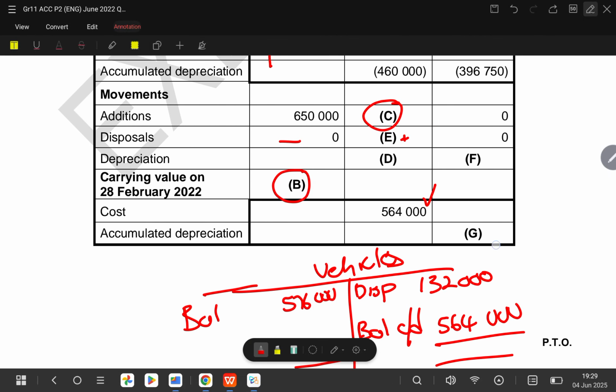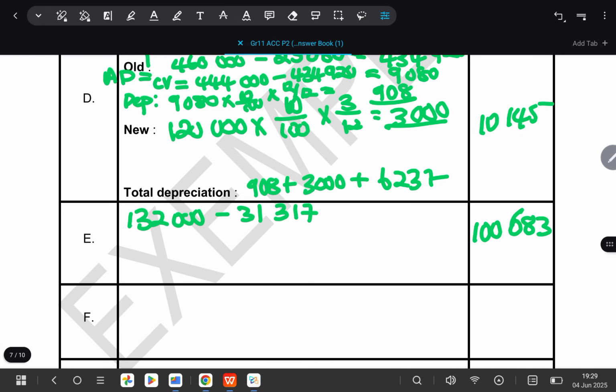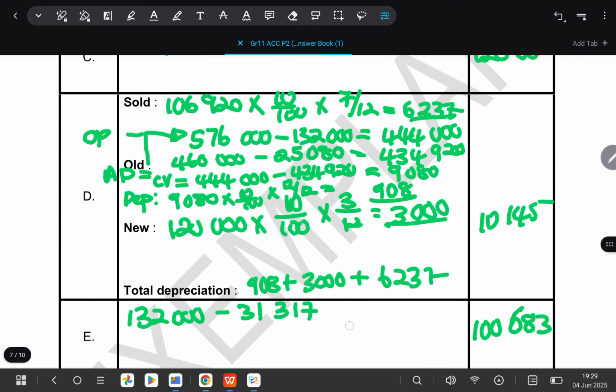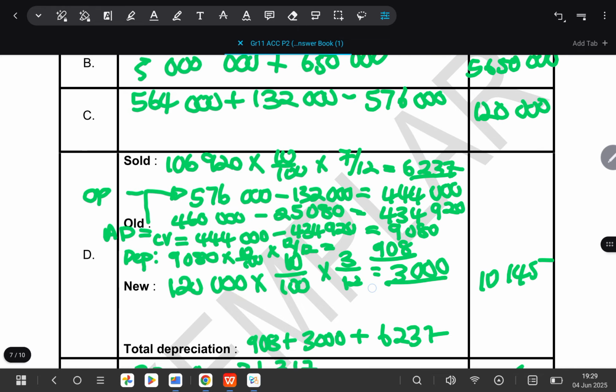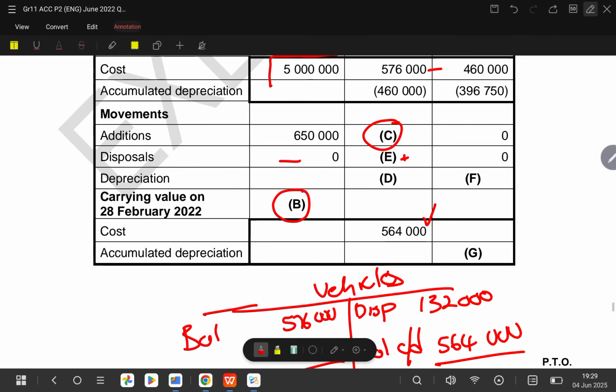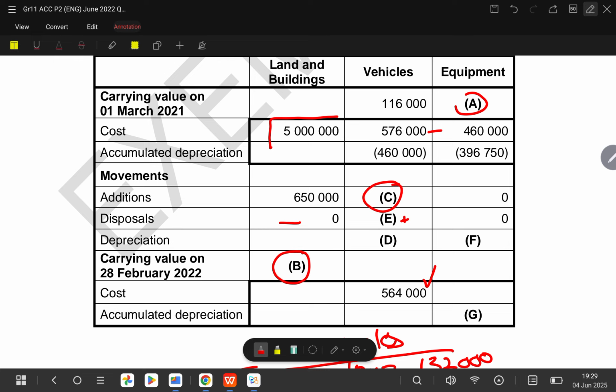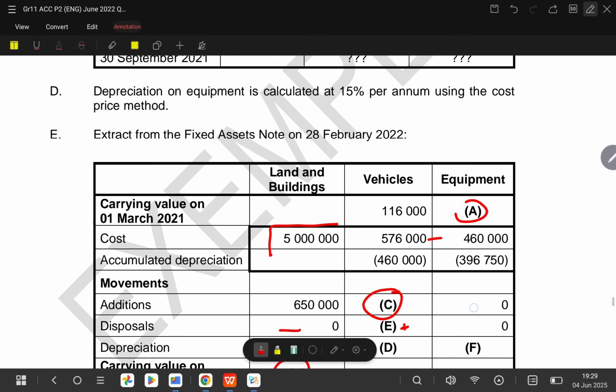They want us to calculate, okay, D. Let me see if D for depreciation was already calculated. Oh, D we calculated, and also we did C. So number F, they want us to calculate depreciation for equipment. In terms of equipment, you need to check there's no addition, so only the old one.